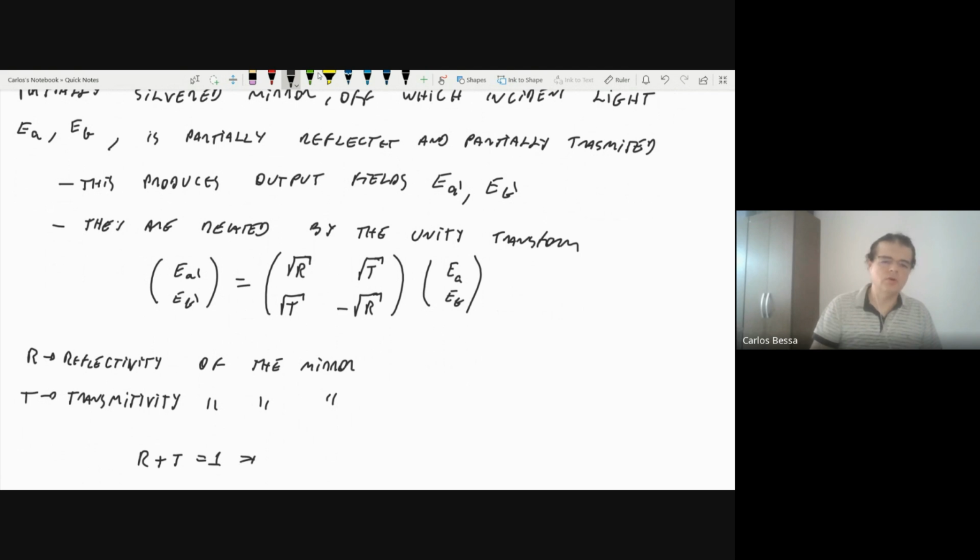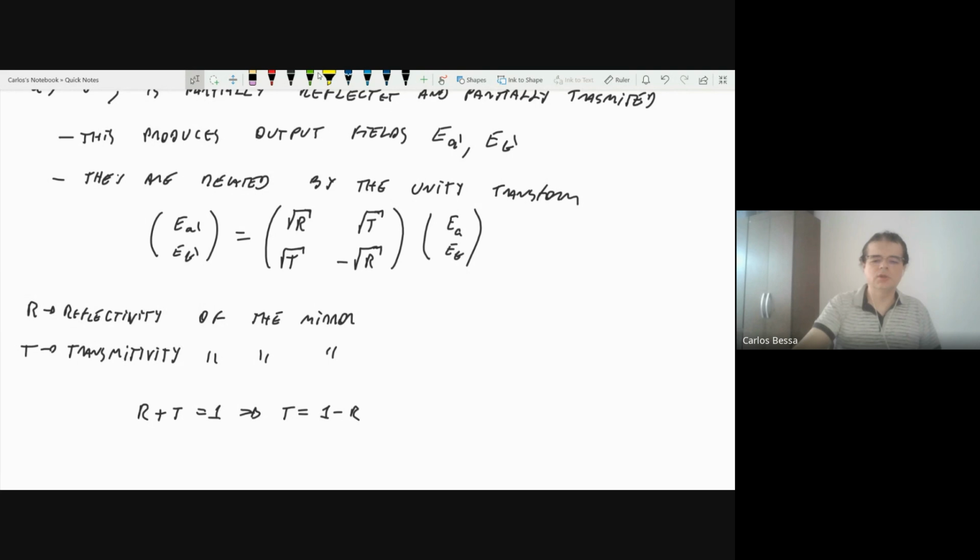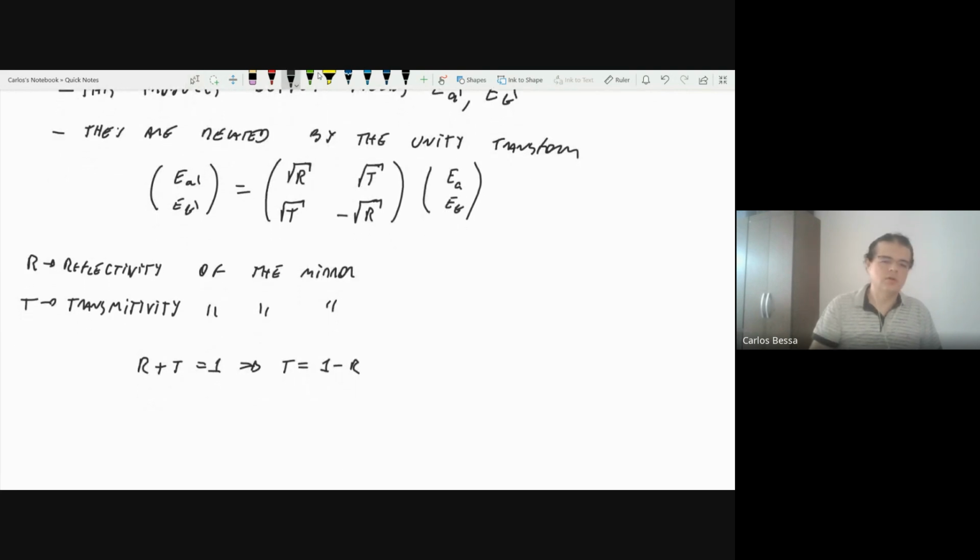Or to use the expression from Nielsen and Chuang, we can write E_A prime, E_B prime equals the matrix with square root of R, square root of 1 minus R, square root of 1 minus R, minus square root of R, acting on E_A, E_B.